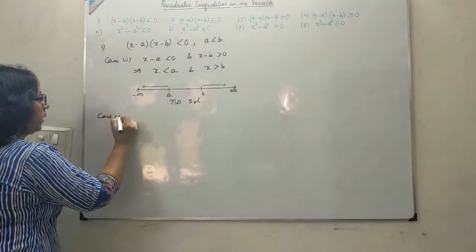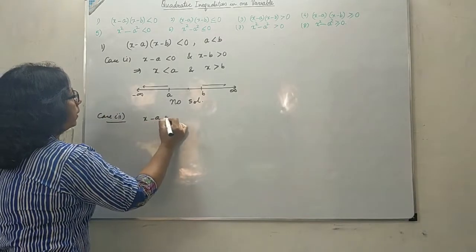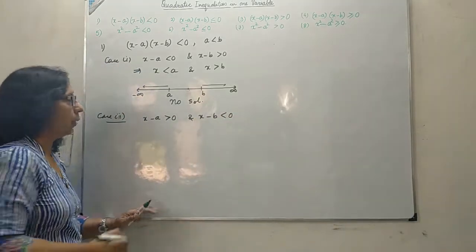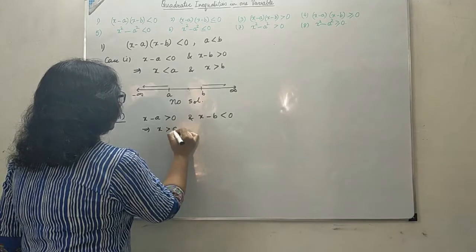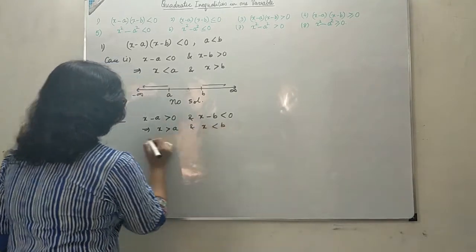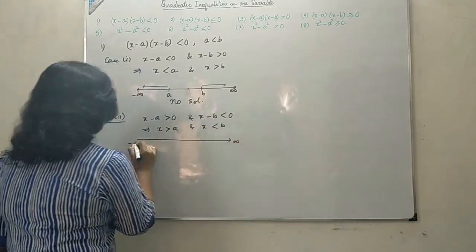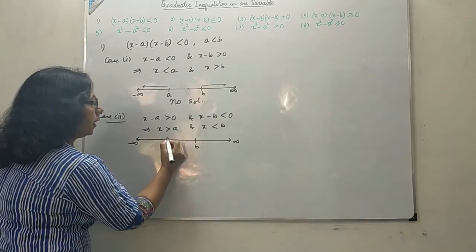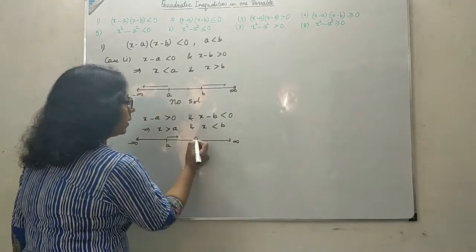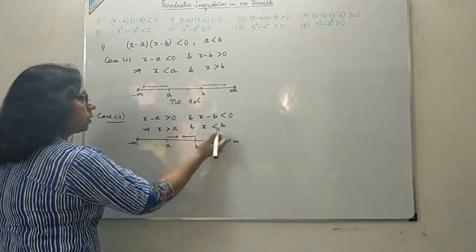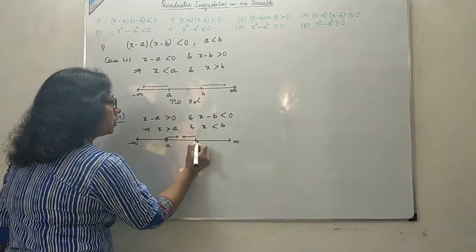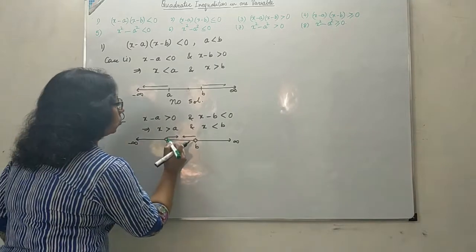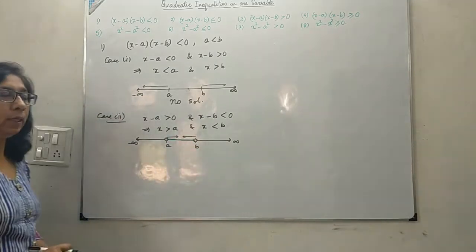But for case 2, let us see. If x minus a is greater than 0 and x minus b is less than 0, then x is greater than a and x is less than b. Again on the number line you can see we have a less than b, so x greater than a is on this side and x less than b on this side, and because the equality sign is not there, these are open points, and so the solution will be in between a and b.